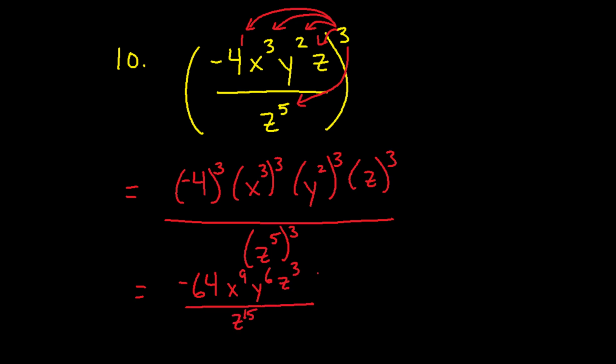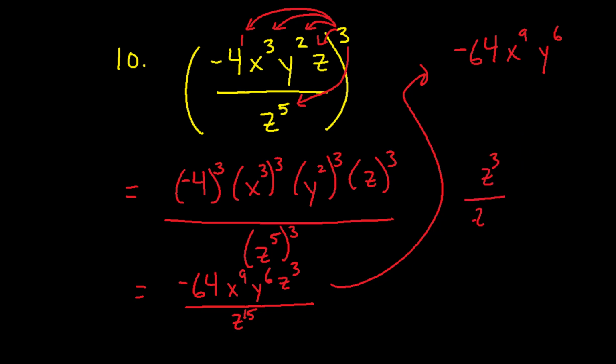At this point, we should realize we have z terms in the numerator and the denominator that need to be simplified. We just need to figure out how many z's we have left over and where they belong. If you recall, when you have z cubed over z to the 15th, you subtract the exponents down.